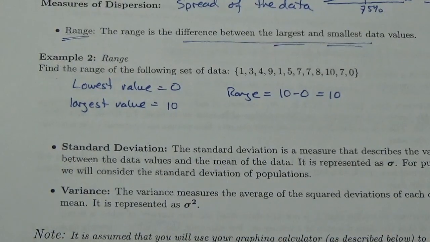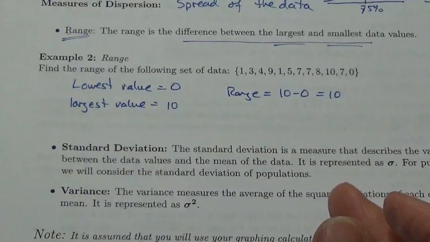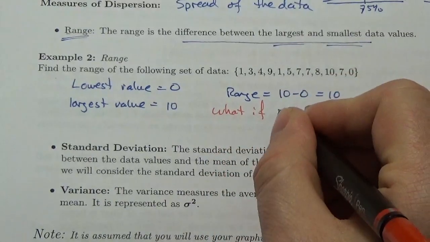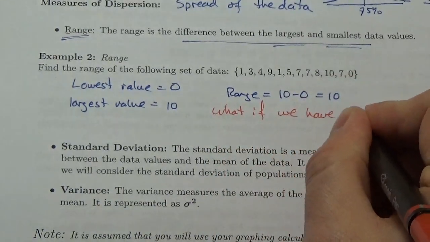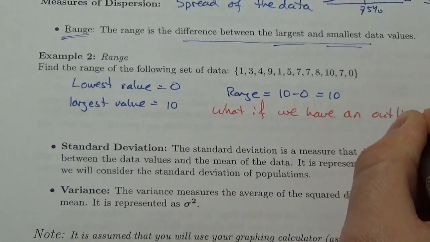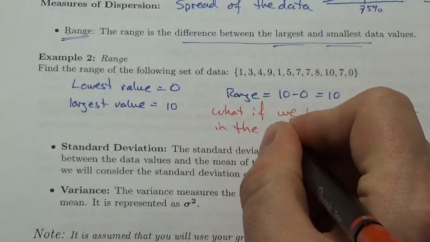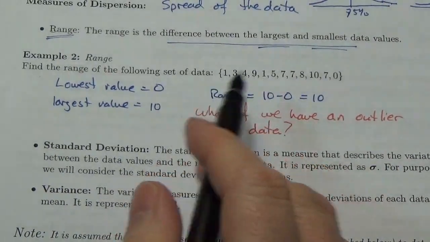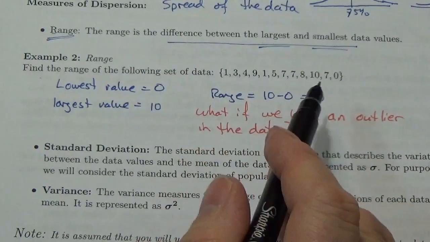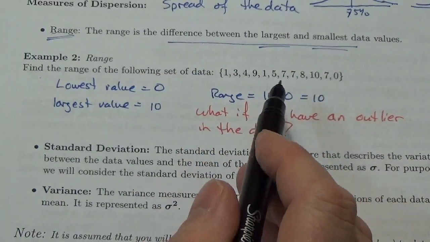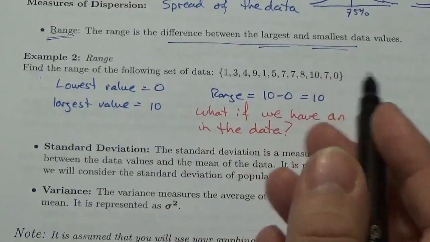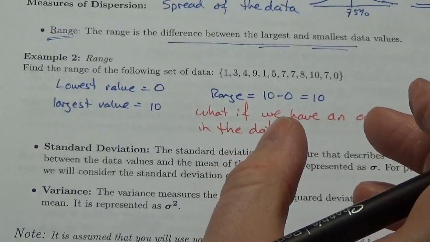Now there is a slight problem with this as a measure of dispersion. What if we have an outlier in the data, or a couple of them? In other words, what if the data was 0, and then something like 8, 9, 8, 9, 9, 9, 8, 8, 9, 9, 10, with everything else really close to the maximum value?